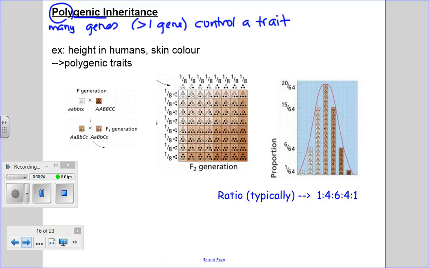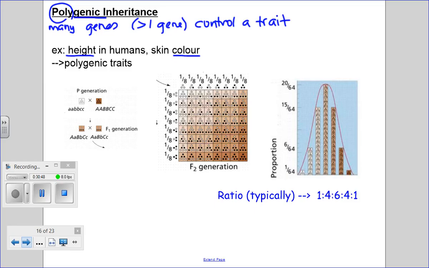So a really good example of something that is inherited polygenically is something like height or something like color. Skin color is the example that I have here, but it could be hair color, it could be eye color. All of those things are polygenic traits.